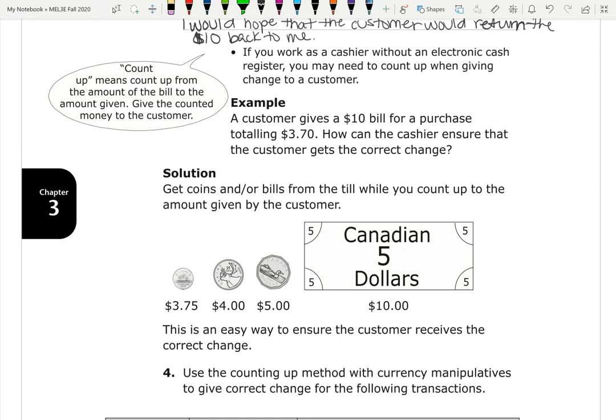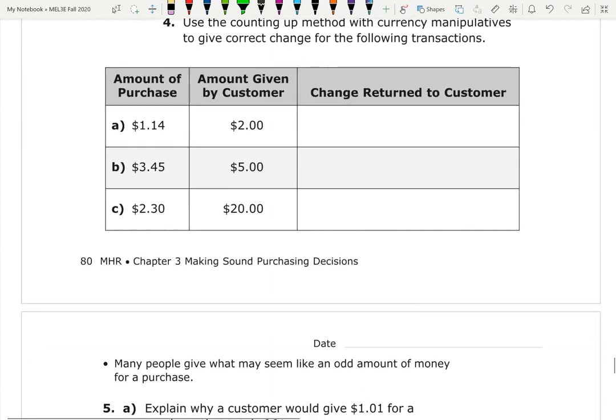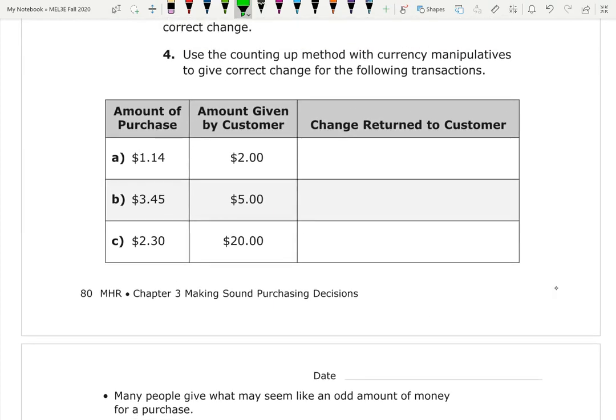So what is the difference between how much the customer gave you and how much they owed you? So there is an example here, but let's just try in this chart down here. I know that pennies do not exist anymore, but we're going to pretend, just for this example, we're not going to round it up to $1.15. We're just going to still use the example provided, which is $1.14.